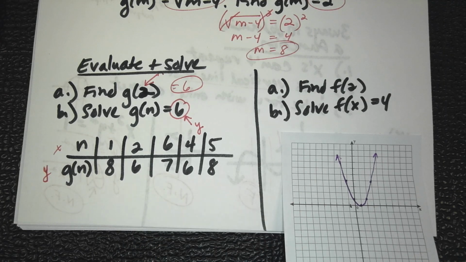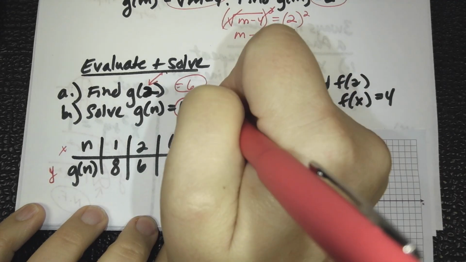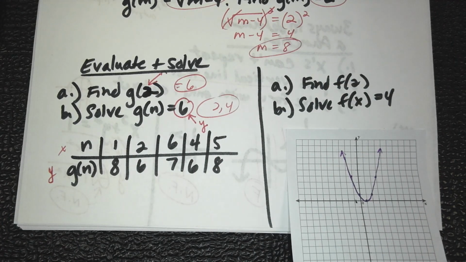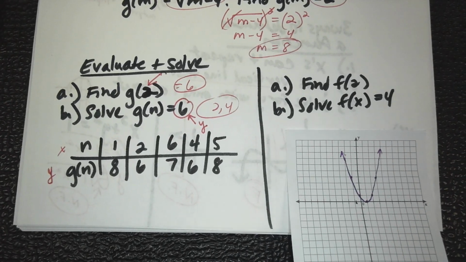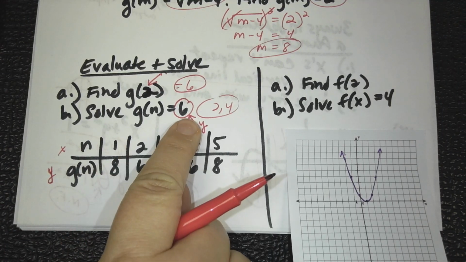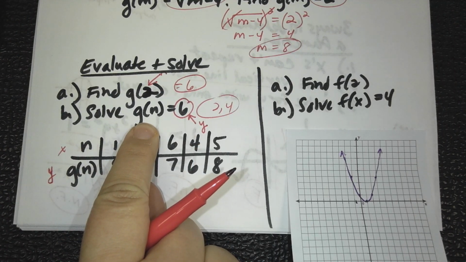So then what would be my 2 answers? 2 and 4. Done. Good job, guys. That's reading a table right there. You need to know, are they giving me an X and do I give them a Y? Or are they giving me a Y and I give them the X that corresponds to it? That's literally how homework is.